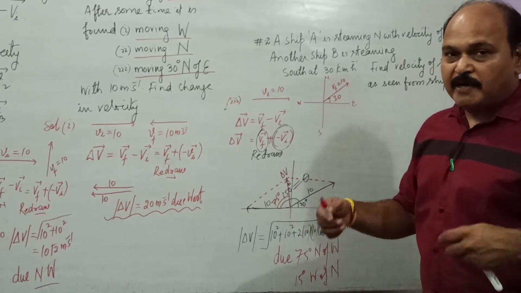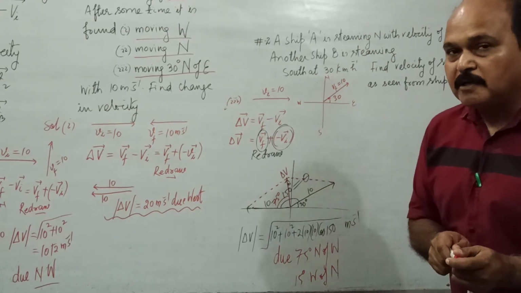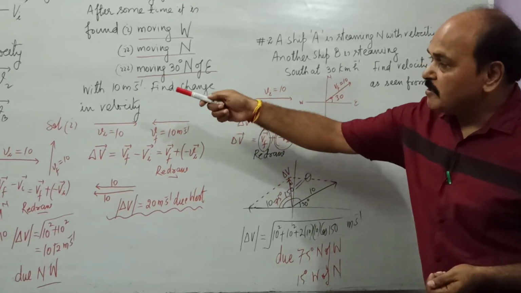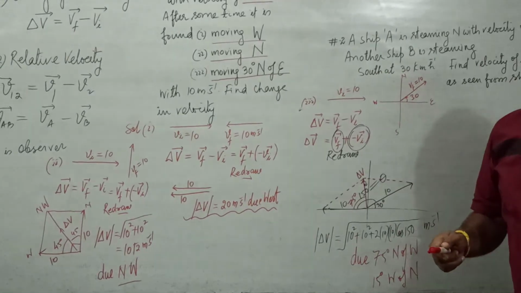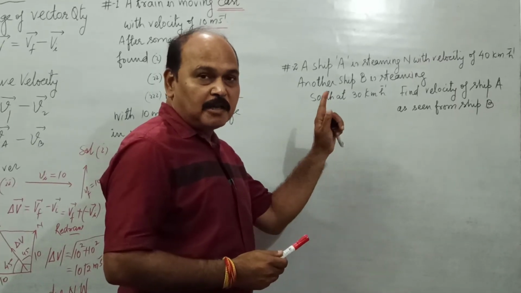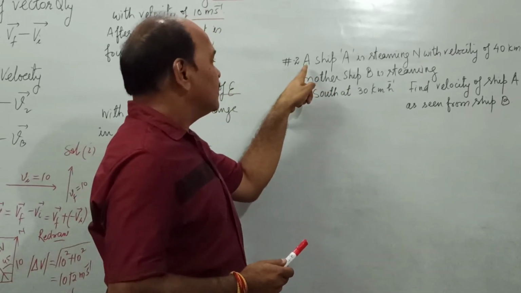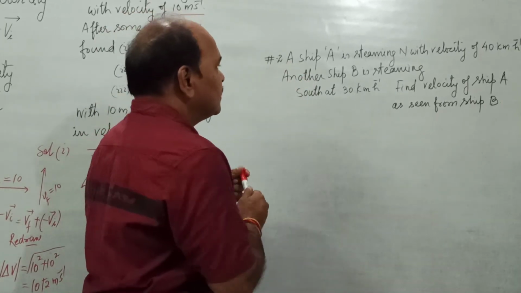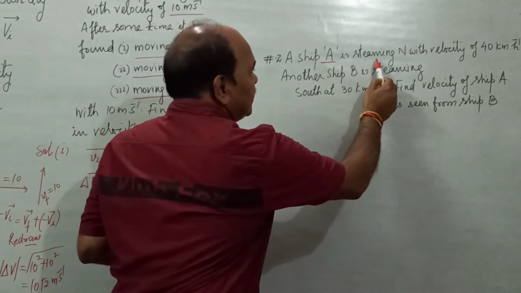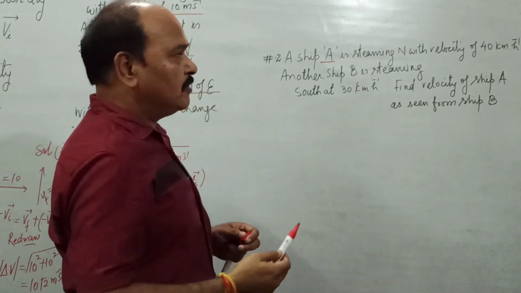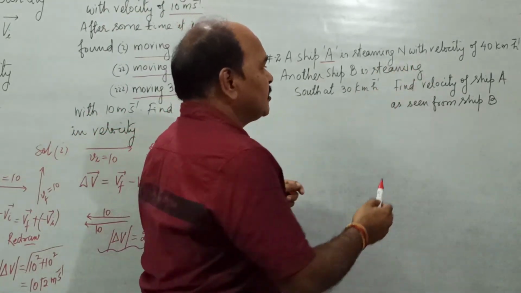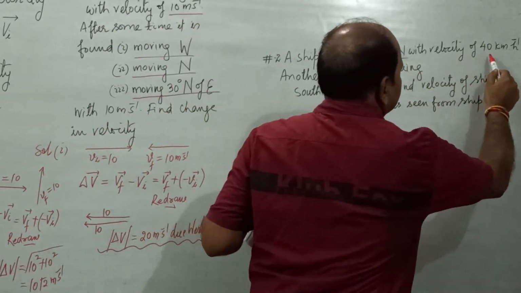Well, before we wind up the class, let us work out a numerical based on relative velocity. So children, the numerical is: a ship A is steaming north, that is moving towards north, with a velocity of 40 meter per second.